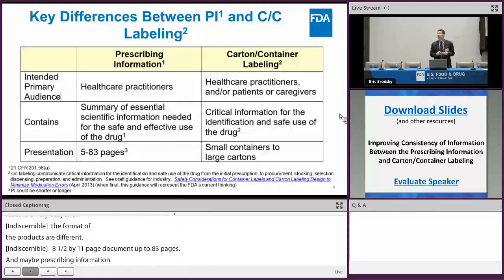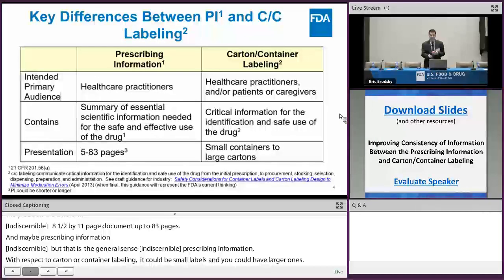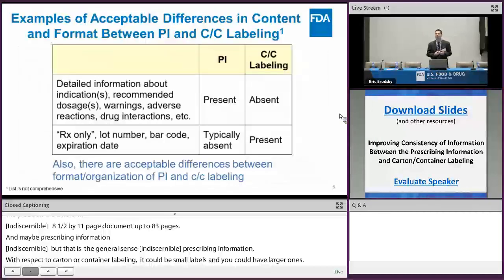With respect to carton container labeling, you may have small labels, you may have larger ones, similar with cartons, large and smaller carton labeling. So there are some acceptable differences between carton container labeling and prescribing information.